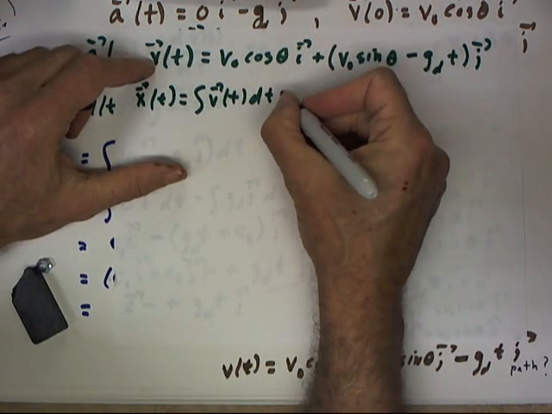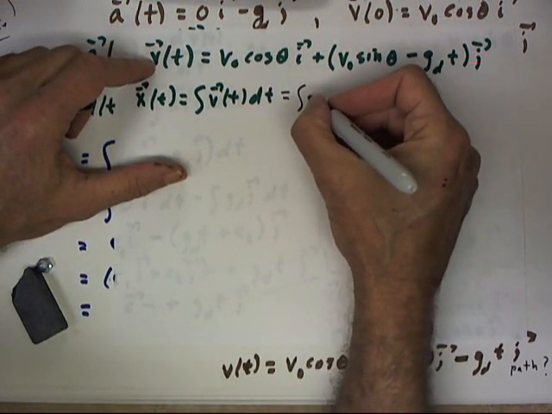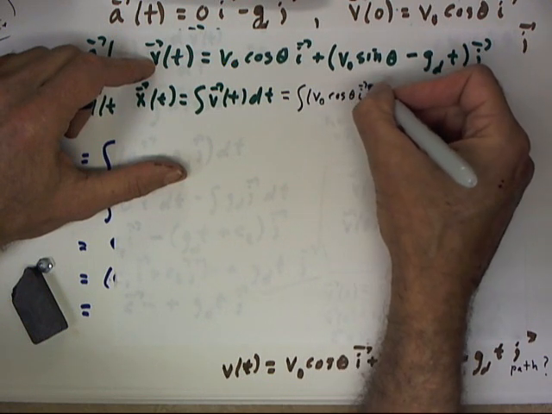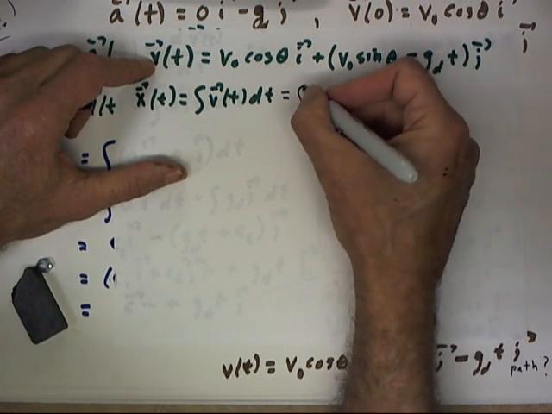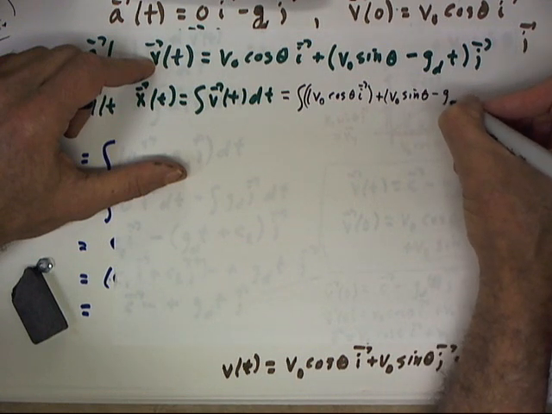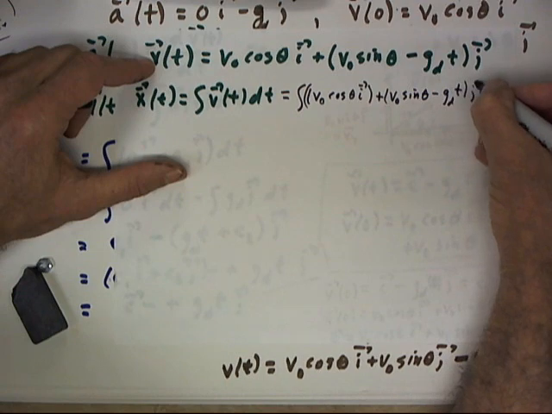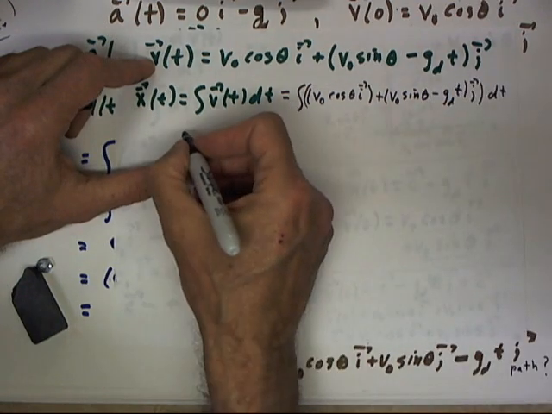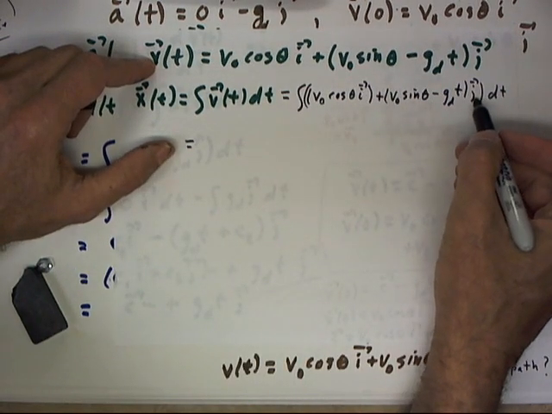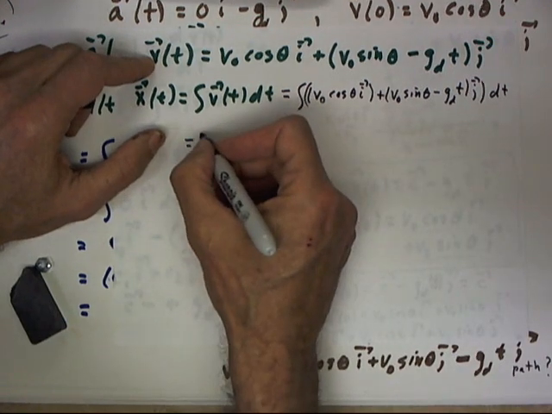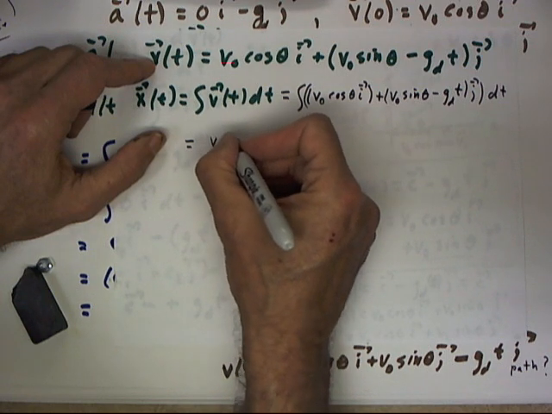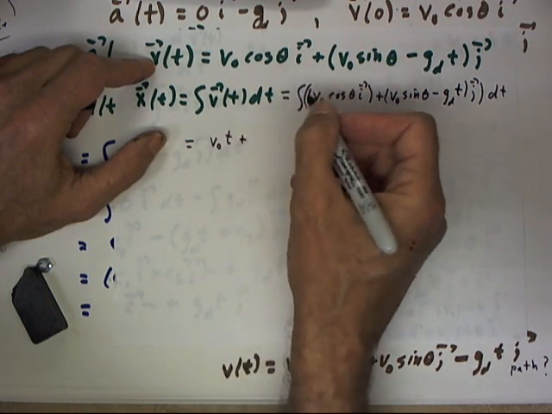What we get is the integral of v naught cosine theta i plus v naught sine theta minus g sub d t j with respect to t. Following the integration conventions, i is just a constant, j is just a constant. Everything but t is basically a constant. The integral of v naught cosine theta i is just v naught cosine theta t plus a constant.